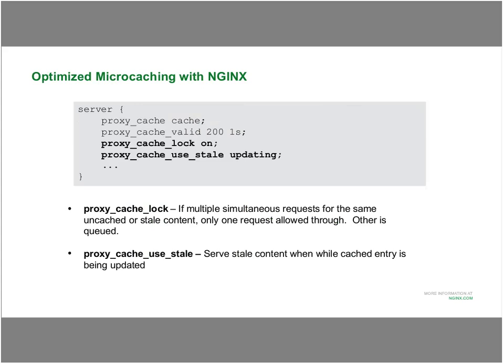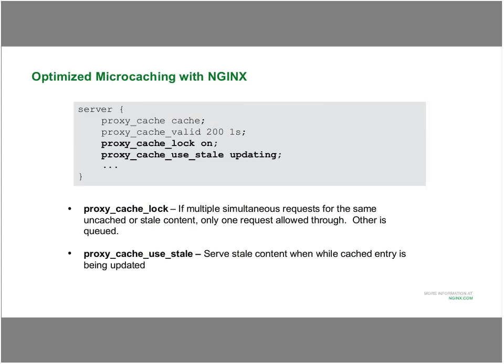And there are some directives that, based on our testing, we've determined help out and improve performance even more in the micro-caching case. The first directive is the proxy_cache_lock directive. What that says is if there are multiple simultaneous requests for the same either uncached or stale content, that means that content is going to have to be refreshed from Drupal, from the origin server.